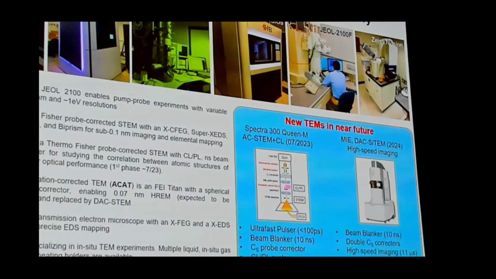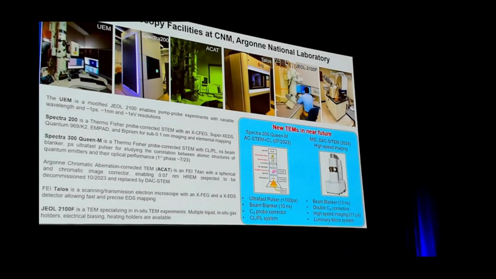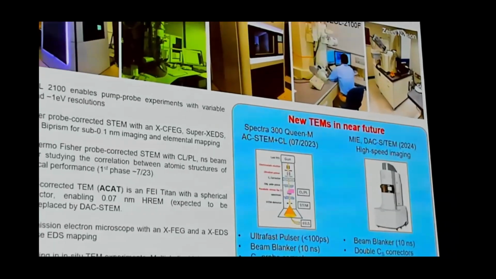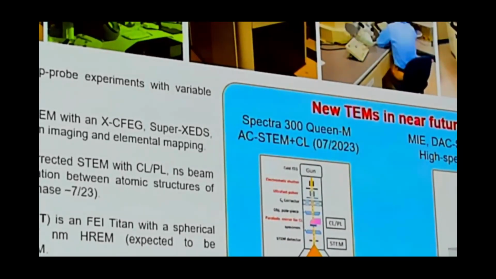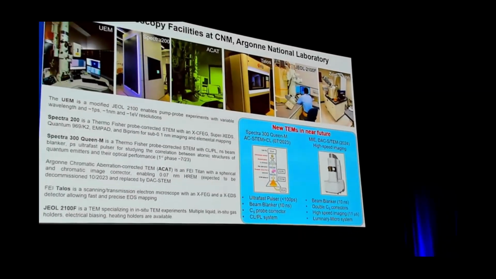So what we are working on at the CNM is creating a suite of microscopes that will be able to look at materials such as the ones that I've shown in a reversible manner at the hundreds of femtoseconds time resolution with about 1 nanometer spatial resolution, but also to go to the microsecond and nanosecond time resolutions, getting down to hundreds of picosecond time resolutions, but with closer to atomic resolution.